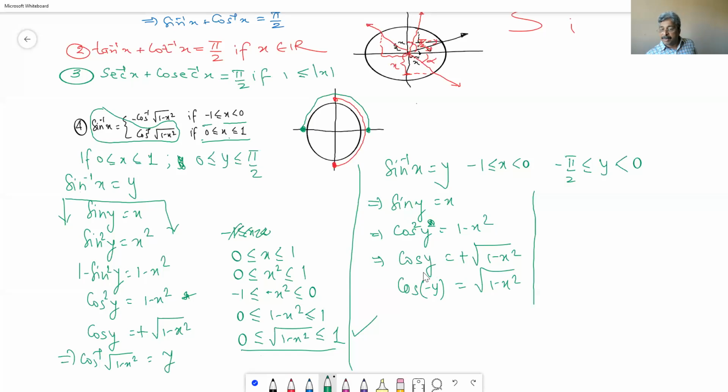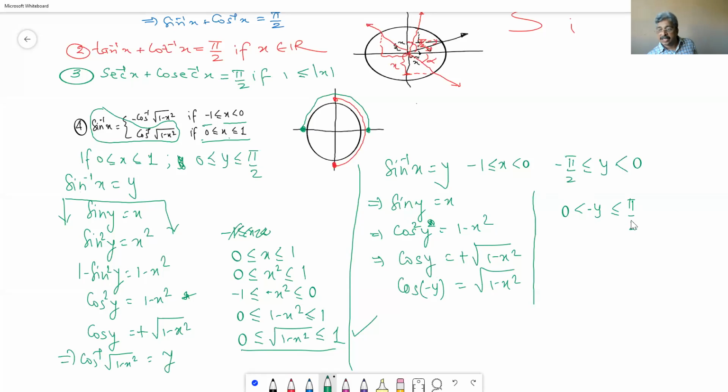And let us check if by doing this, are we in the desired zone? Now I cannot take cos inverse of y directly. Multiplying the entire inequality by minus 1, I get 0 less than equal to minus y is less than equal to pi by 2. Correct? Is it going right? And now it is in the desired zone.